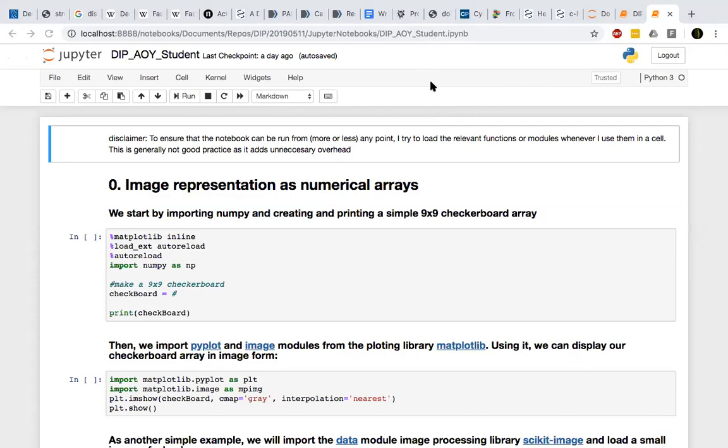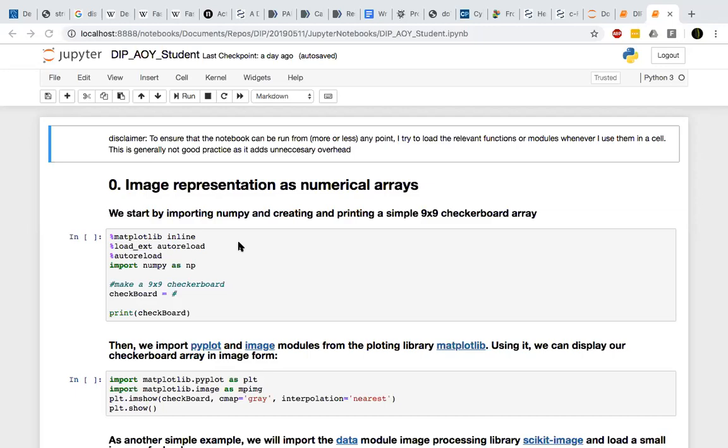So we're going to start with a little bit of a warm-up. Now notice that there is a little bit of a disclaimer here. When we're working with Jupyter notebooks or in Python generally, we always have to load whatever software package we want to use. It's good practice to load these packages once and only once.